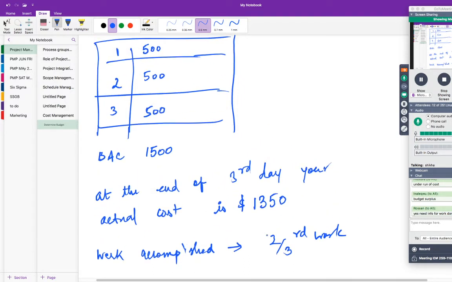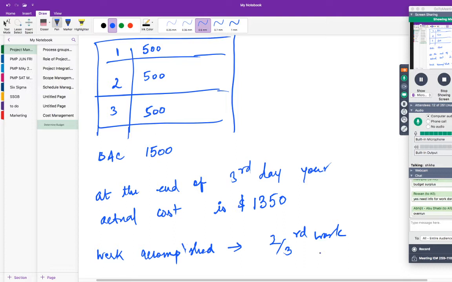Budgeted cost at completion is 1500. On the third day, you are measuring the progress, and you see 1350 is spent, and 2/3 of the work is done. Now tell me how much is the overrun, and how did you find the overrun?